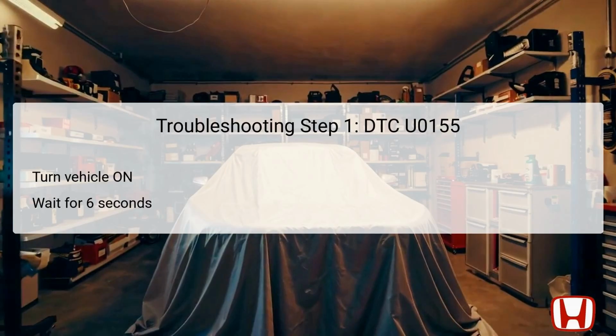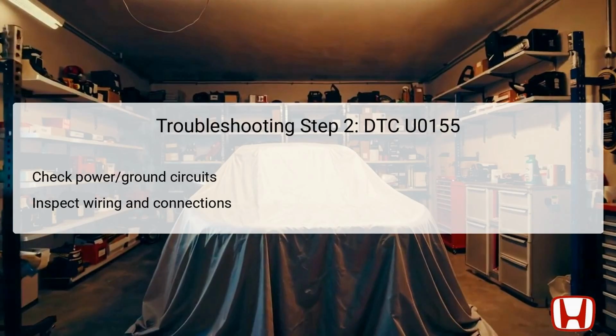This waiting period allows the PCM and GCM to initiate communication and establish a baseline for normal operations. If a fault persists after this time, it confirms ongoing issues between these two components. This step underscores the importance of careful timing in diagnostics. Even a brief interruption or delay can affect module performance.